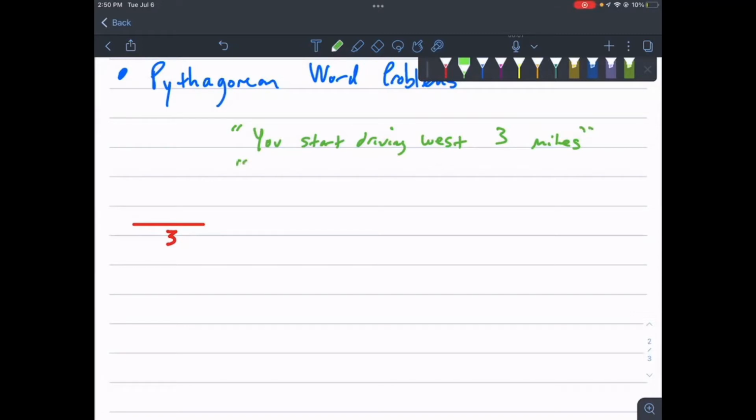Next, they say you turn right and drive 2 miles. So you go west 3 miles, you turn and go 2 miles, and we want to see what is the straight line distance from that end point to the starting point. How far is that distance? So we'll go ahead and call that x.